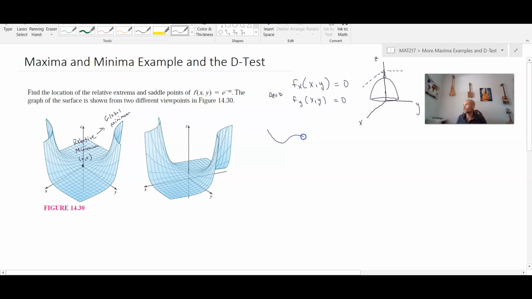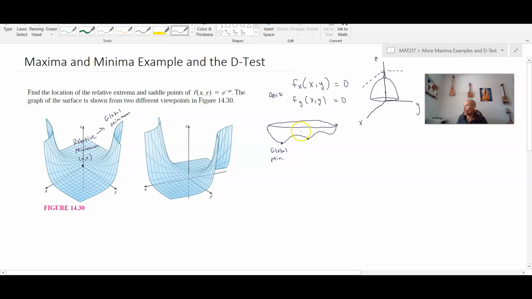Like let's imagine a surface like something like this. And what we're seeing here is maybe this point right here represents a global minimum, meaning that across this entire surface, there is no point lower than that. And this is kind of a minimum, right?